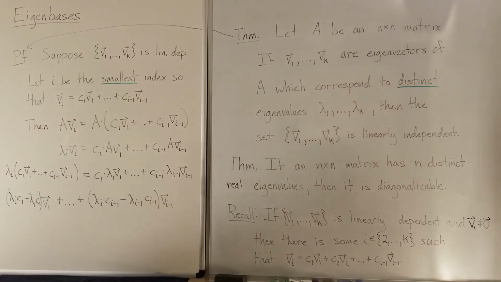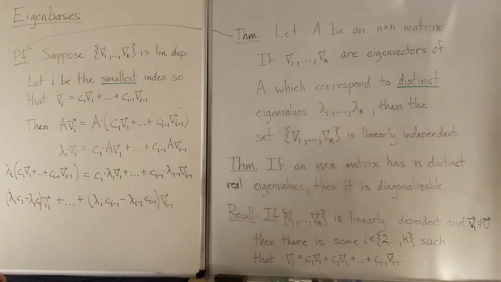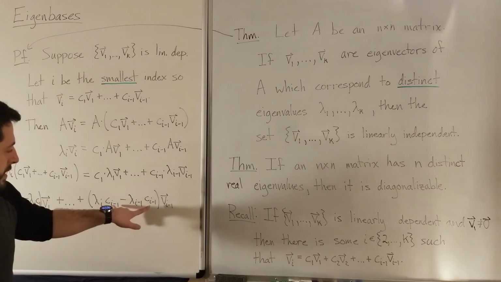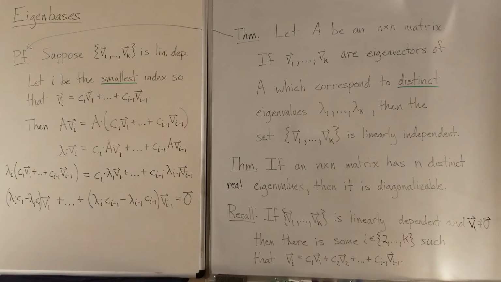So all the coefficients look like this: lambda_i times c sub whatever minus lambda sub whatever c sub whatever. These two c's will always be the same, and I can think about factoring that out.